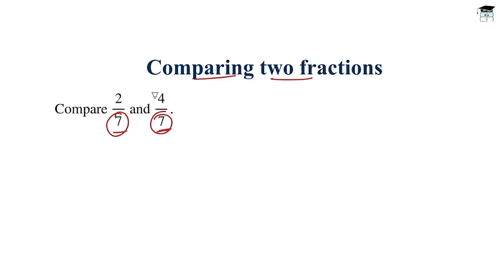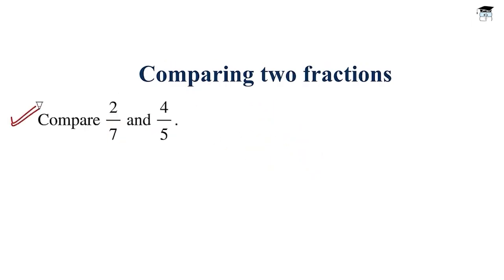By comparing the numerators, we see that 2 is less than 4. That means 2 by 7 is going to be less than 4 by 7. So it is that easy. You just have to compare the numerators and you can tell which fraction is smaller and which one is the bigger fraction.